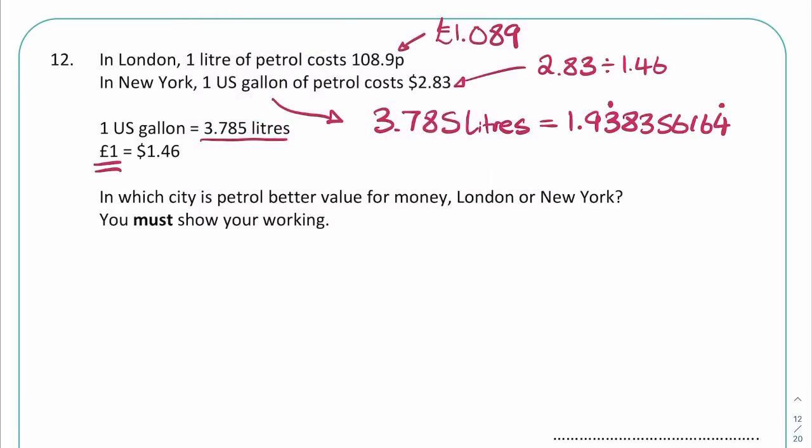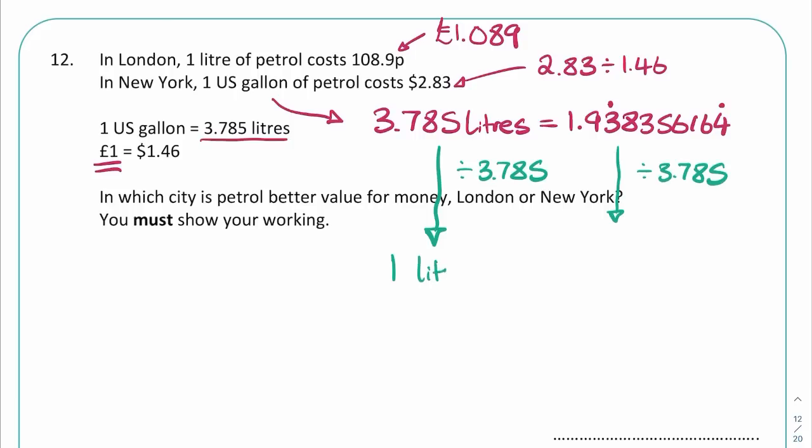Now we want to know the cost of 1 litre, so now we're going on to our best value. And in order to get the cost of 1 litre, you just divide by how many litres there are. So if we divide that by 3.785, that's how we get that to become 1. Now the thing is, we need to do the same to the price as well. So divide that by 3.785, and that will give us the cost of 1 litre.